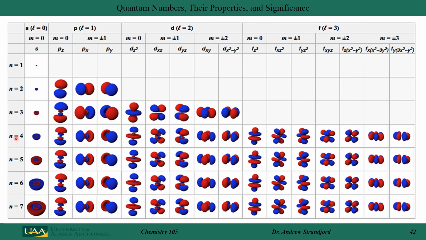Once I get into the transition metals and the inner transition metals, I have all kinds of different shaped orbitals. So I now include my spherical, my p-shaped, my d-shaped, and my f-shaped orbitals. And this is just a representation of the probability of where electrons are most likely found.